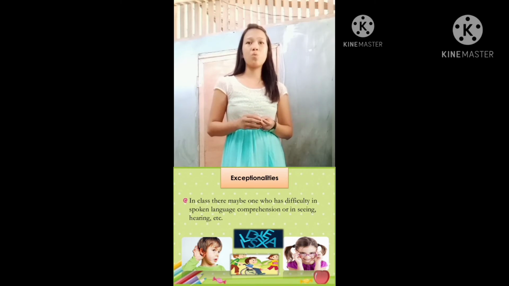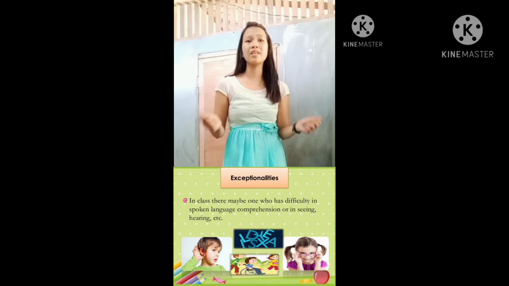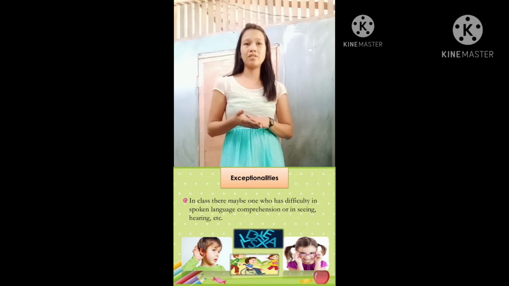These learners require a lot of understanding and patience, as well as special educational and related services, to reach their full development. And with these factors that bring about student diversity, the teacher as the facilitator of learning is tasked to consider the individual differences among the students in planning.